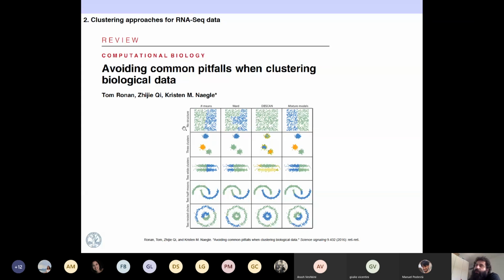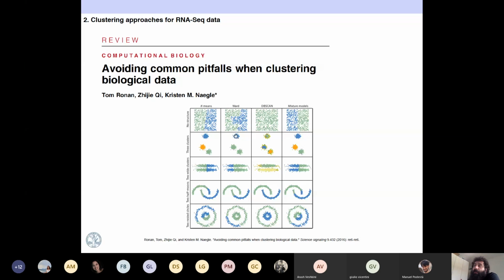If you have non-structured data, 3 clear clusters, 2 wide clusters, 2 half-moon clusters, or 2 nested clusters, this is how these algorithms will classify those. So for example, with k-means, you have 3 clusters. Well, you know that you have 3 clusters, you put 3 clusters, and it's perfect.